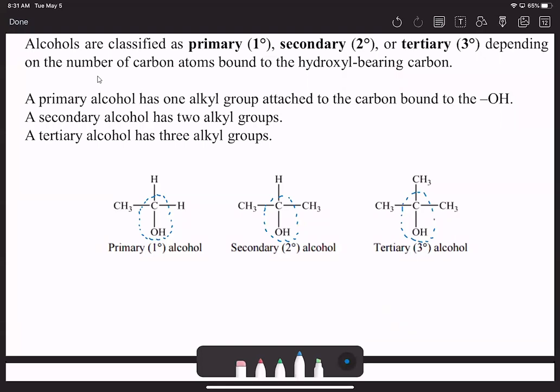Well, in order to determine that, we're going to count up the alkyl groups that are bonded to this particular carbon, the carbon that has the hydroxy group. And we're going to count up how many alkyls we have here. So in here, we have 1 alkyl.